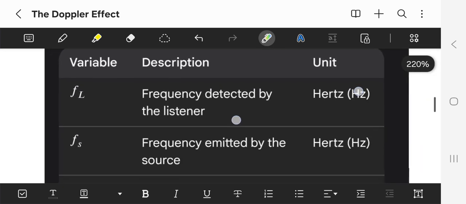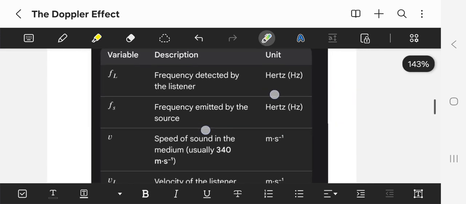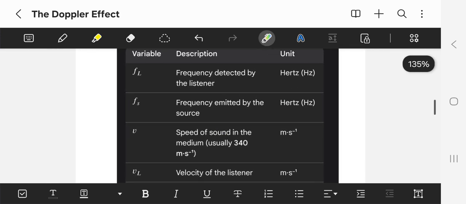Okay, these are our variables. So here they are. We firstly have FL. This is the frequency detected by the listener, and it is measured in hertz. Fs is the frequency that is coming from the source, also measured in hertz. And then V will be the speed of sound, which is most of the time 340 meters per second.